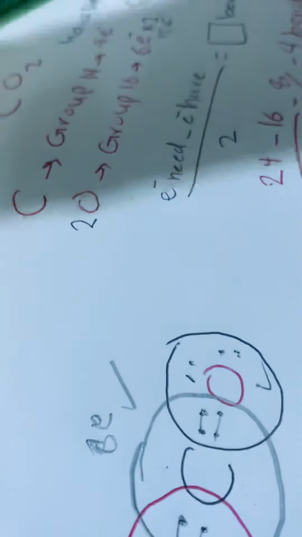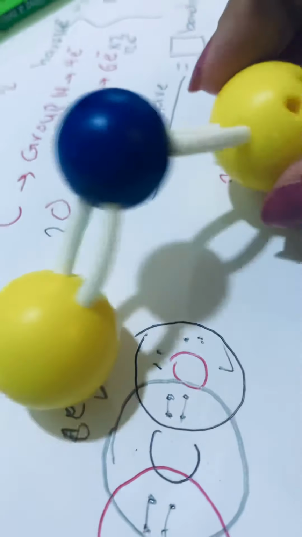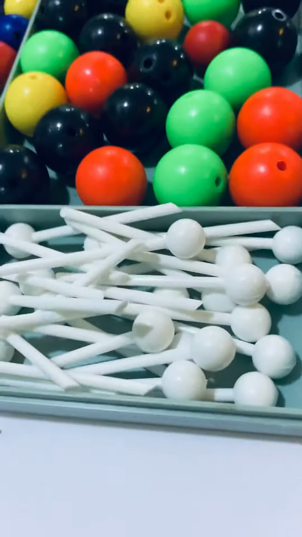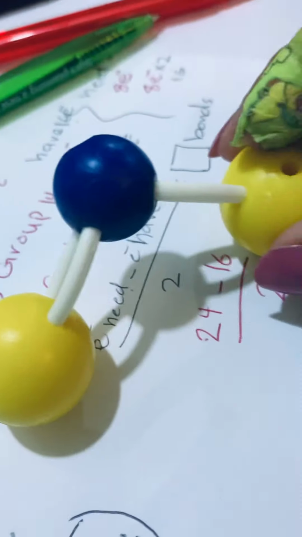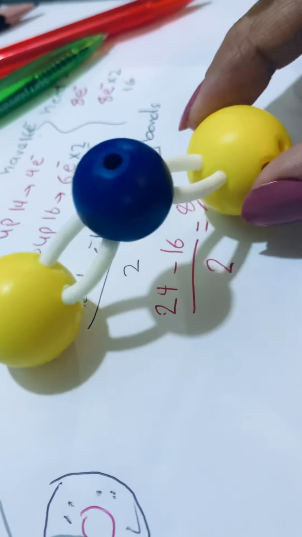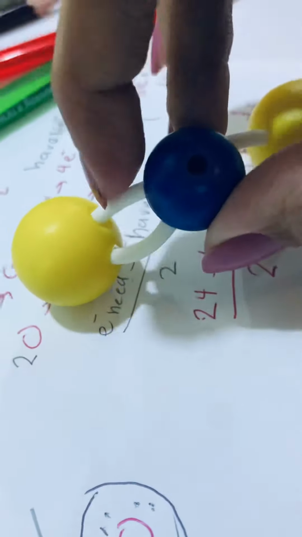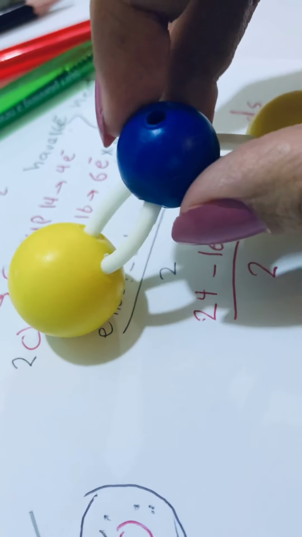Now I already prepared 2 models. This is the first one. As you can see here, the balls represent the atoms. The yellow one represents the oxygen, the blue one represents the carbon, and the sticks represent the chemical bonds.